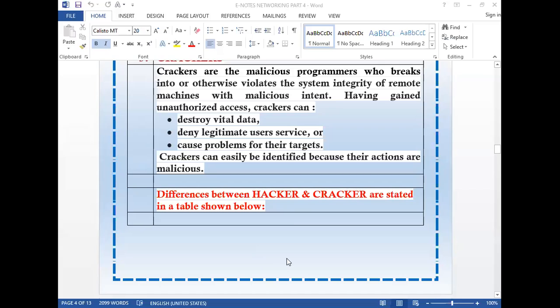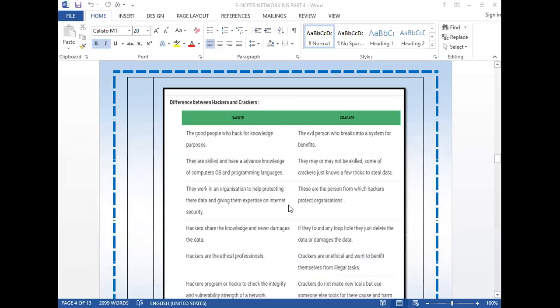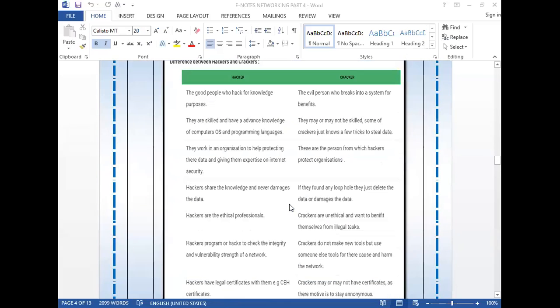So let us study the differences between hacker and cracker. Beta, hackers are professionally trained persons. They have acquired well-qualified programming knowledge. But there is no need to have any knowledge for cracking, just a few tricks to corrupt your data. Hackers have good intentions, but crackers have malicious intentions, right? Hackers are professionals, crackers are not professionals.